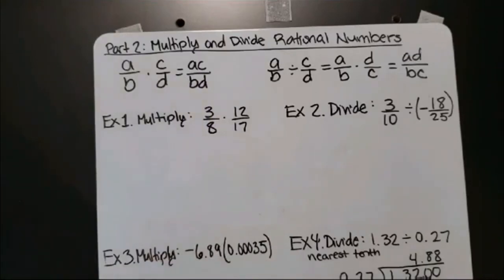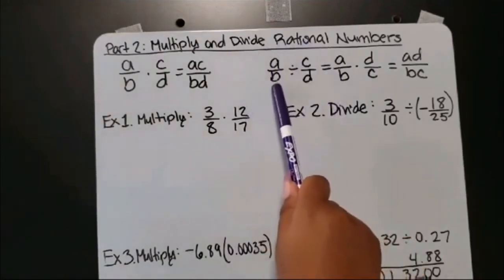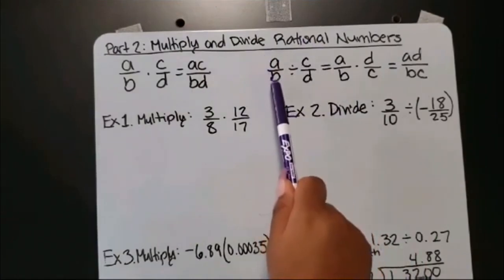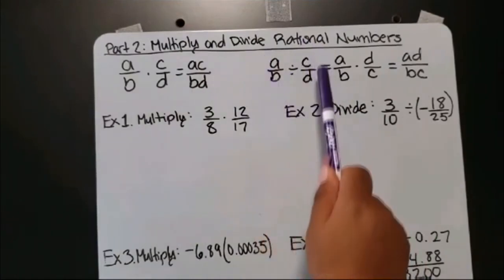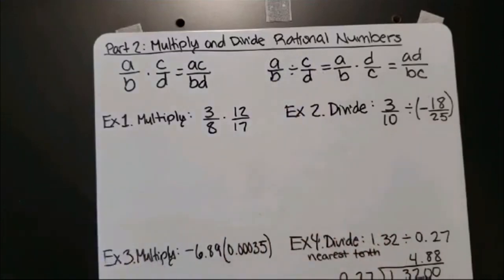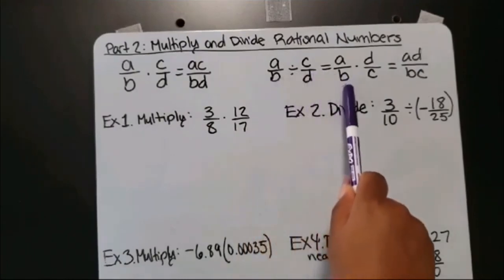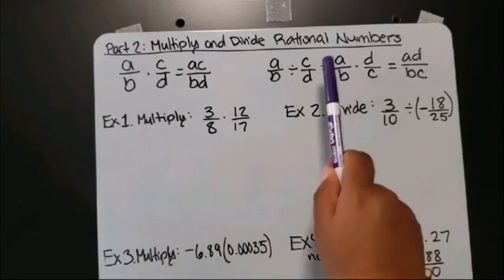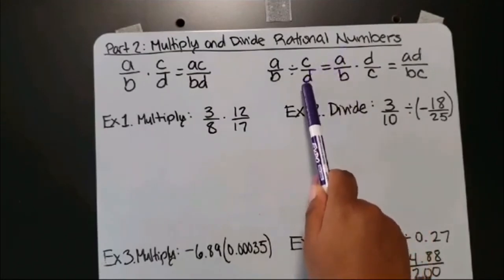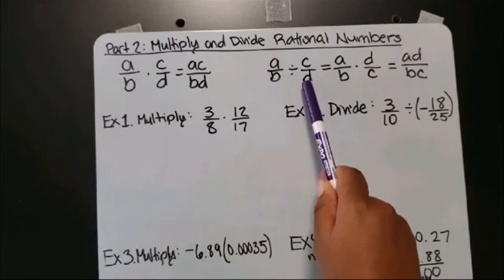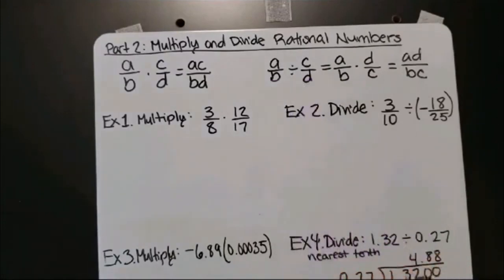Now when it comes to division, it's a little tricky. So with division, let's say we're taking A over B and we're dividing it by C over D, okay? What we have to do, we leave the first fraction the same, and we have to change the second fraction by flipping it or finding the reciprocal, okay?